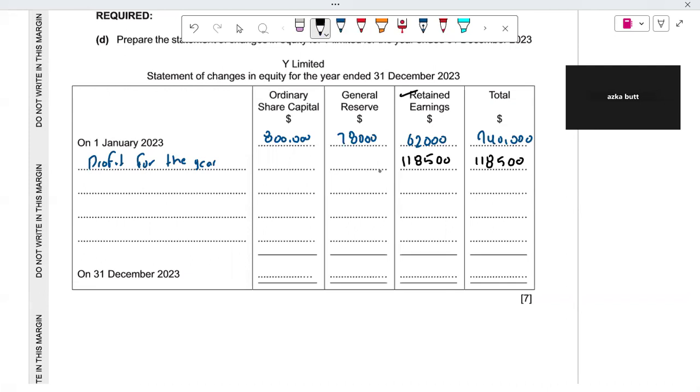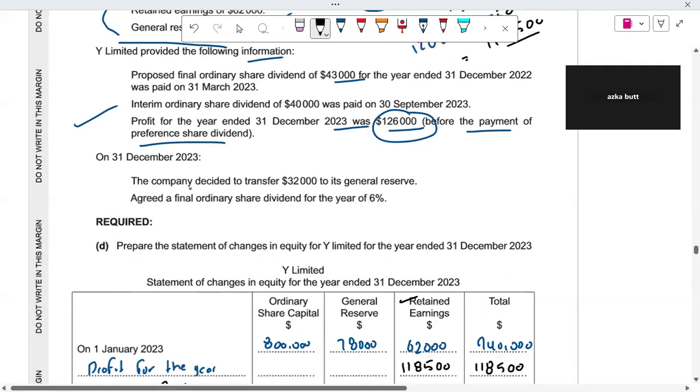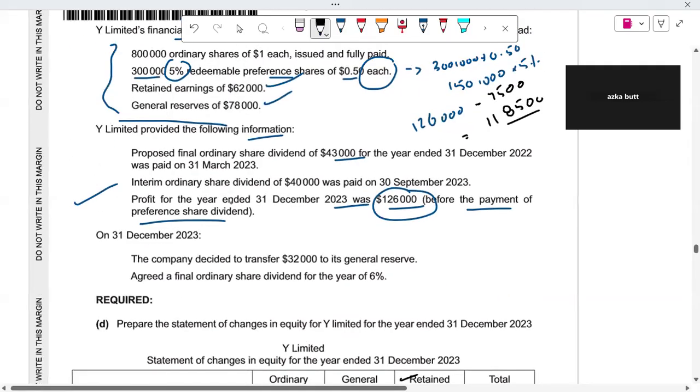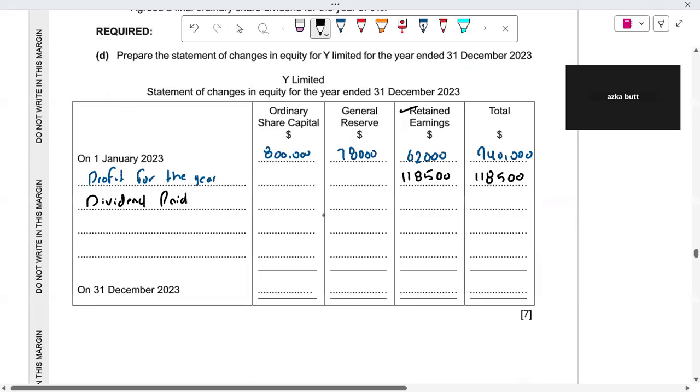Okay. And now let's see the dividend paid. As you can see, we paid a final dividend and an interim dividend. The proposed final ordinary share dividend of $300 for the year ended 31st December 2022 was paid on 31st March, so we need to deduct it from the retained earnings.